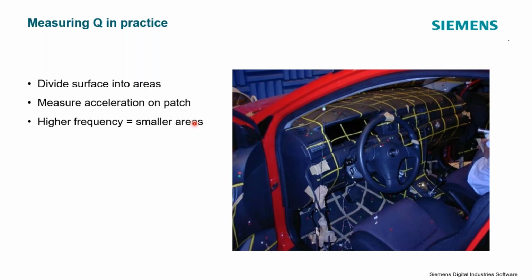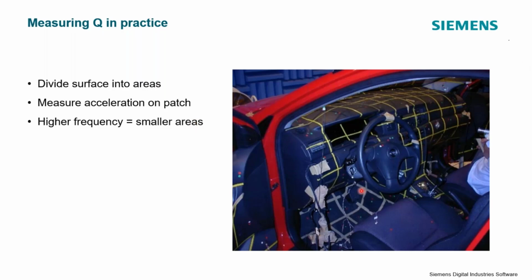So in this picture, I'm looking at an automotive instrument panel that's broken down into different areas. I could then put an accelerometer in the middle of each of those areas and come up with a Q, an operating Q for this vehicle under some load condition. And I would understand which areas produce the most sound or the most acoustic force.